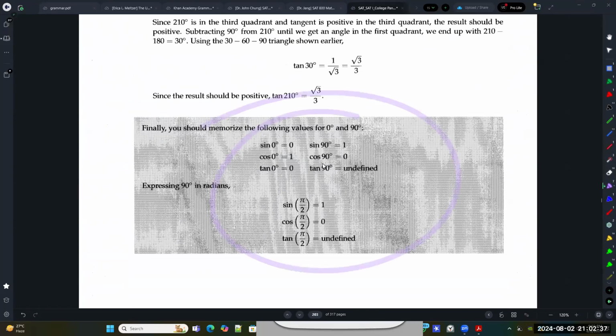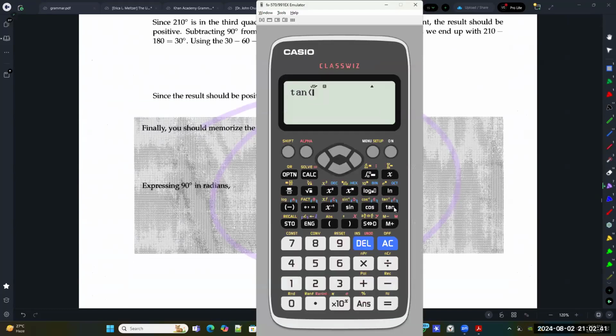Now, you do have the calculator with you, but tan 90. Oh, sorry. It's supposed to be a math error. It will be a math error when I bring back. What do we bring back?